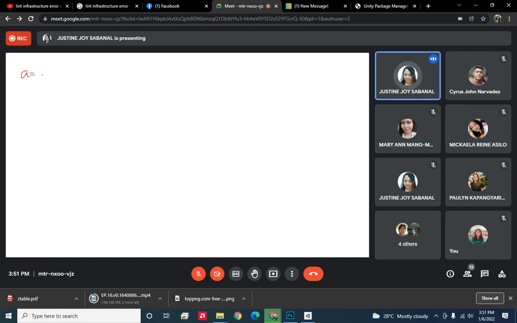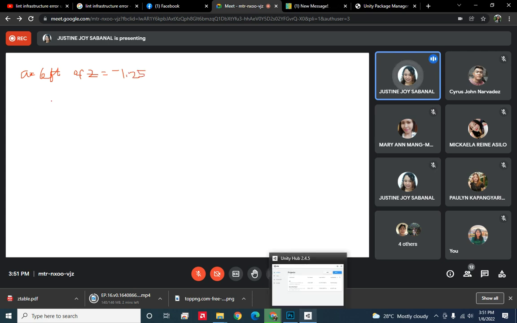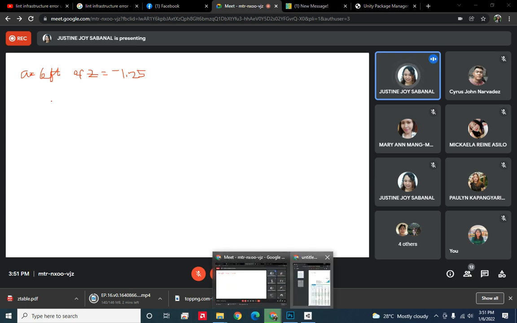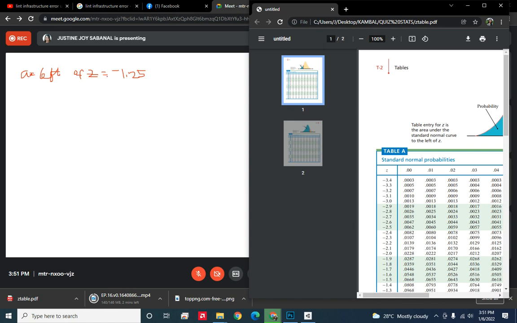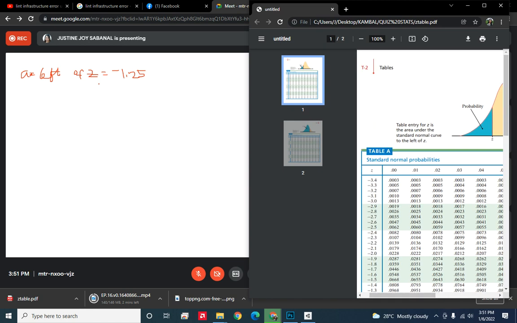So A, left of Z is equivalent to negative 1.25. So it's very important that we know how to represent this value in the context or in the illustration of the normal distribution.